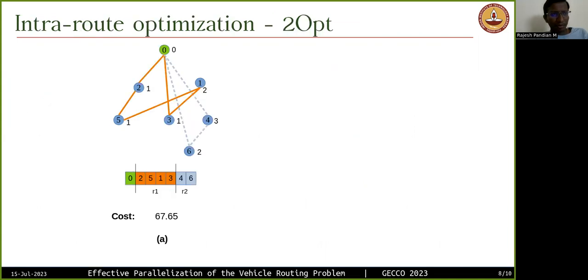So the final step is intra-route optimization, which is called 2-opt in the TSP literature. We perform 2-opt optimization for each of the routes individually and also in parallel. In this case, we see a crossover or crisscross between the edges.